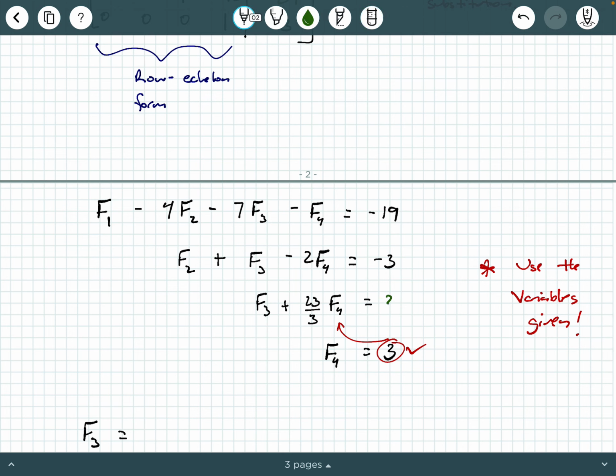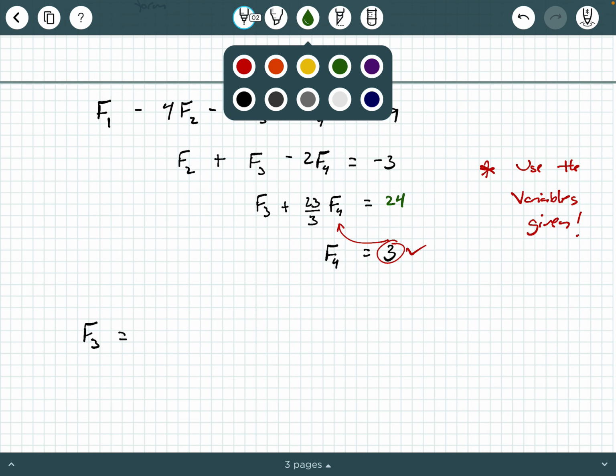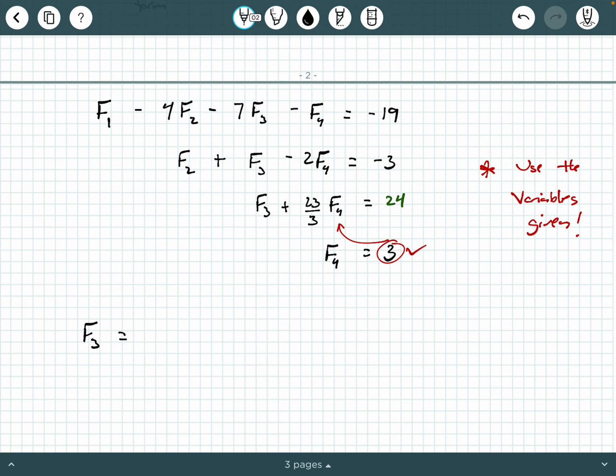It is positive 24. If you caught that earlier, then good for you. Nice work. So we say F3 equals 24 minus 23 over 3 times 3, which is 1, okay?